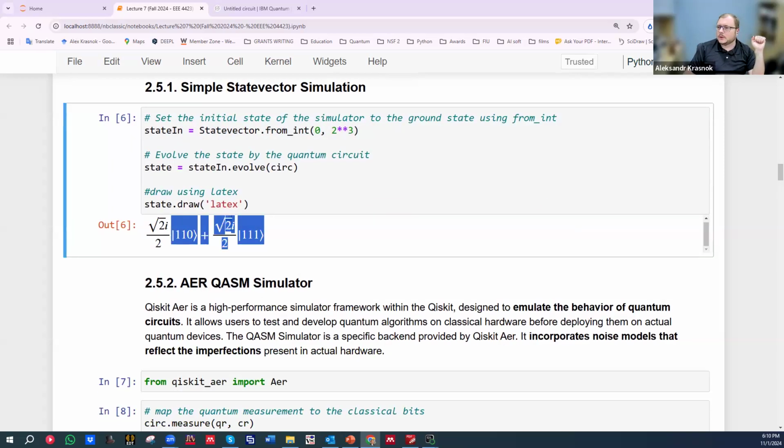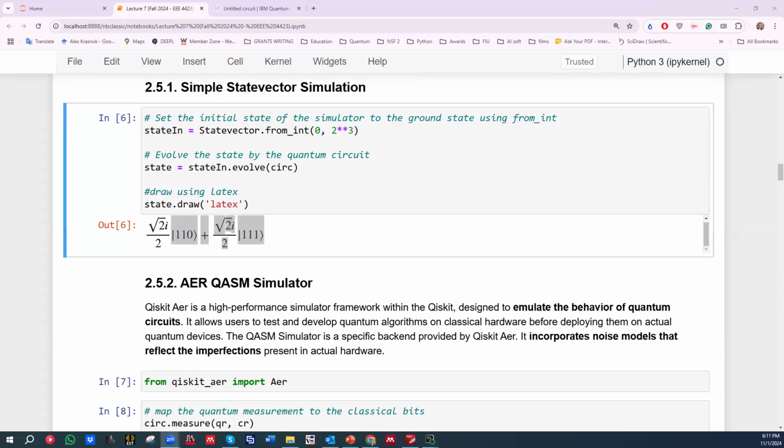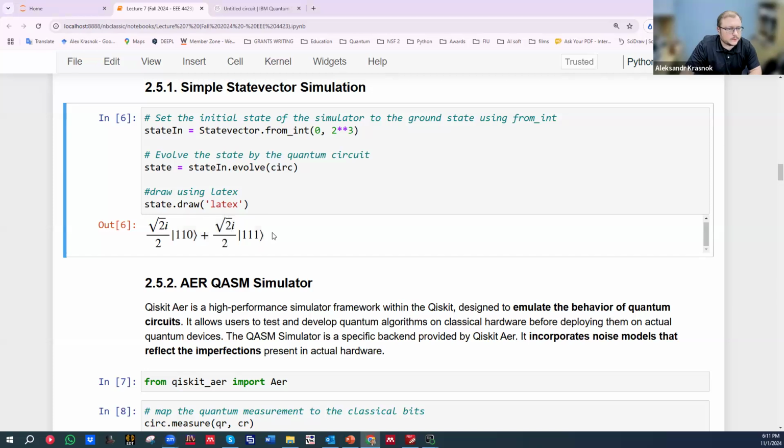So in this state, look at this one, for example, one here and here.